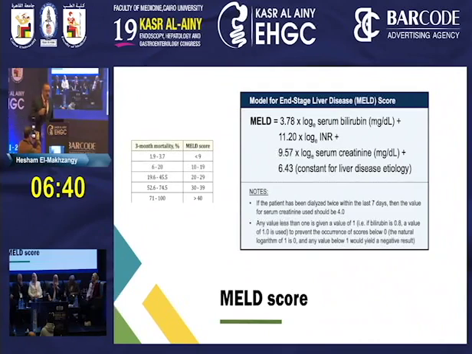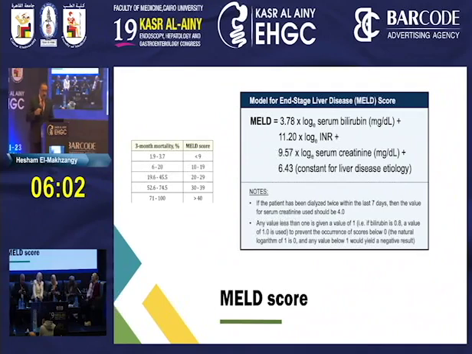The MELD score usually associates with mortality, where a MELD score of less than 9 is related to under 4% mortality over 3 months. When the MELD score rises to reach 10 to 19 points, the mortality jumps to 20%. When the MELD score rises to 29, the mortality jumps to 45%. And if the MELD score is more than 40, unfortunately, the 3-month mortality rate is 70 up to 100%, which is exceptionally high.